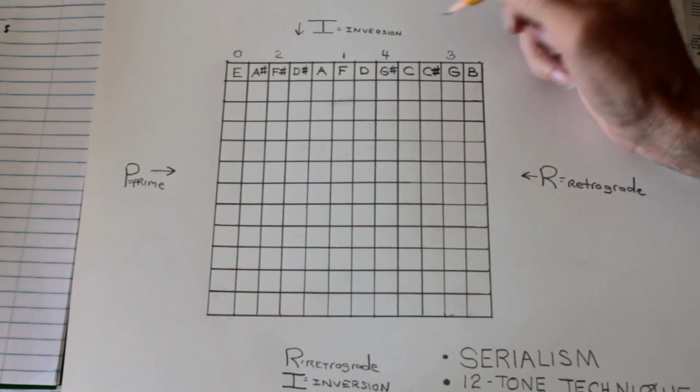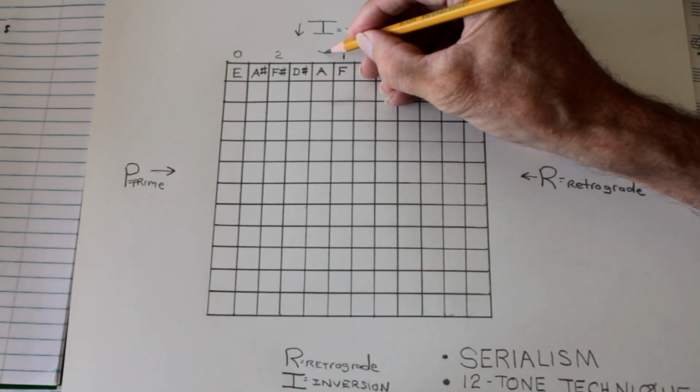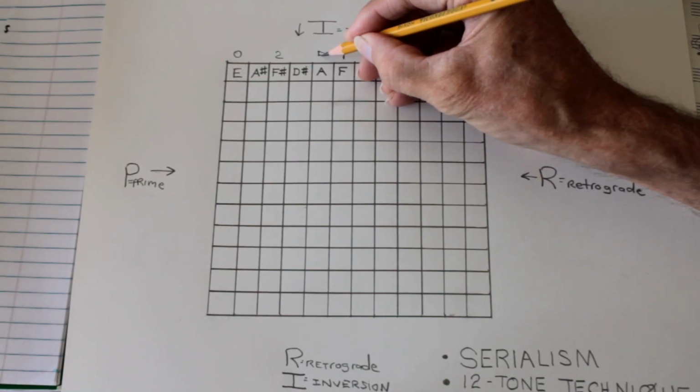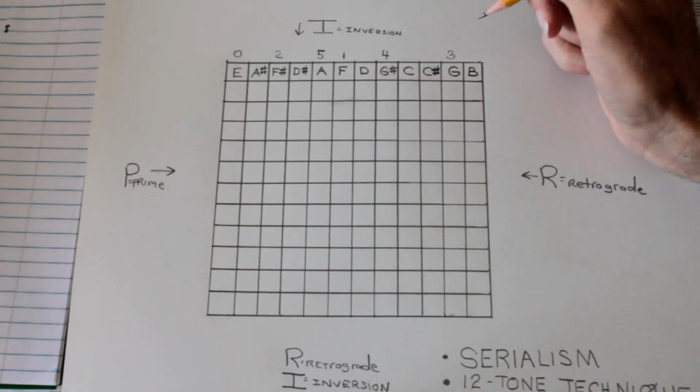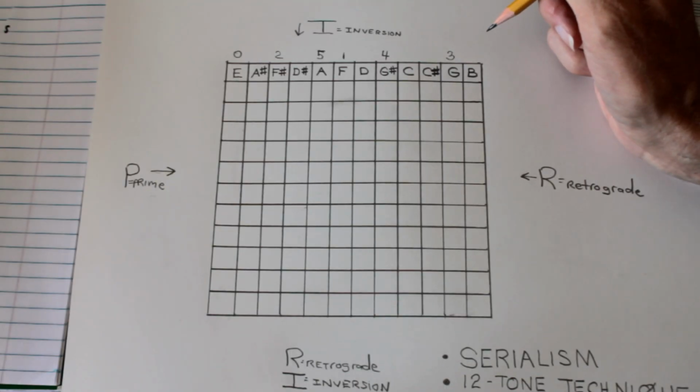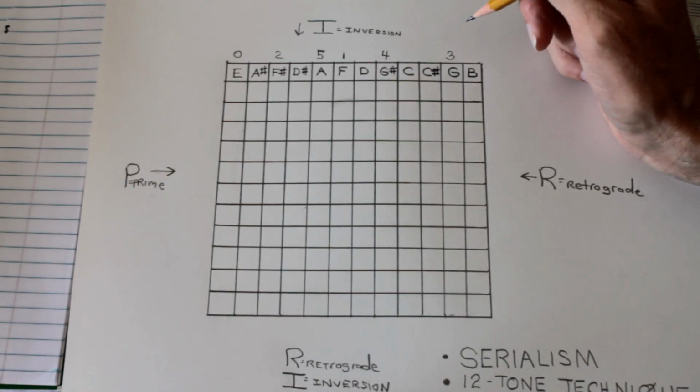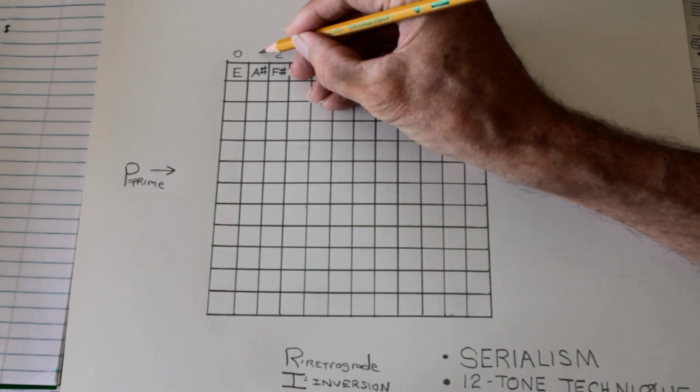And 5 is going to be A. Okay, A sharp would be 6.